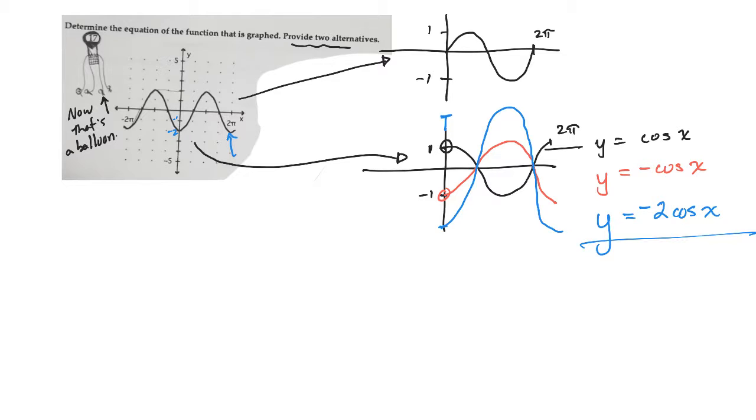Another alternative is to say it's a sine graph that's just been pushed over to the right or to the left. Let me do this in green. So the sine graph starts here and goes up. This one, it looks like it's starting here and going up. So it has just been moved over a little bit, and that's a phase shift.